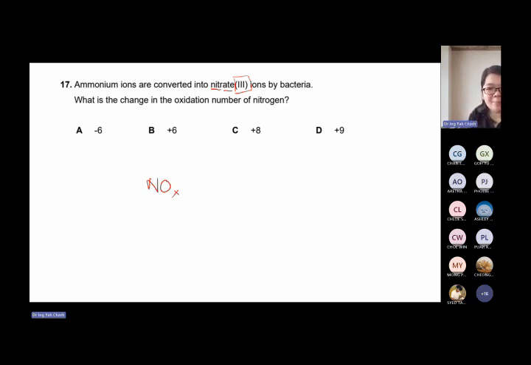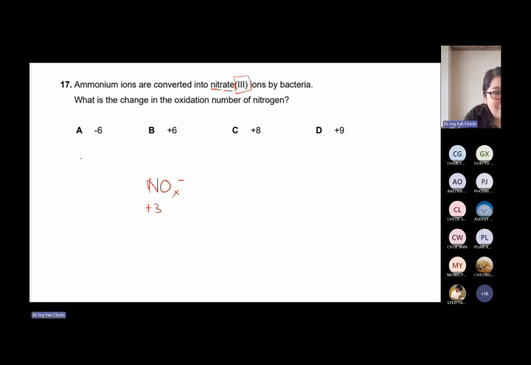As long as that element is paired with oxygen to form an ion, the name of the ion will end with ATE. The number in brackets is the oxidation number of the element that is paired with the oxygen. So this 3 is the oxidation number of the nitrogen in these nitrate(III) ions, which is +3.